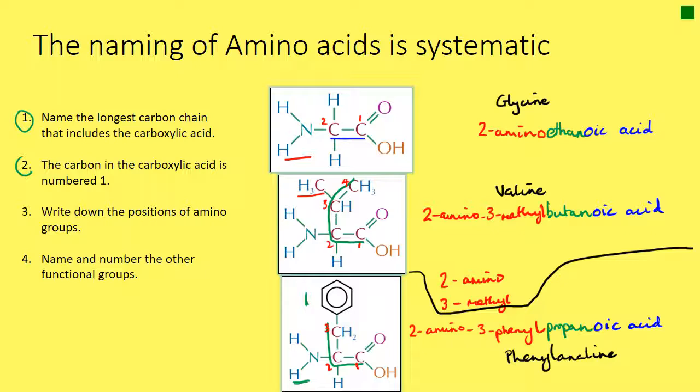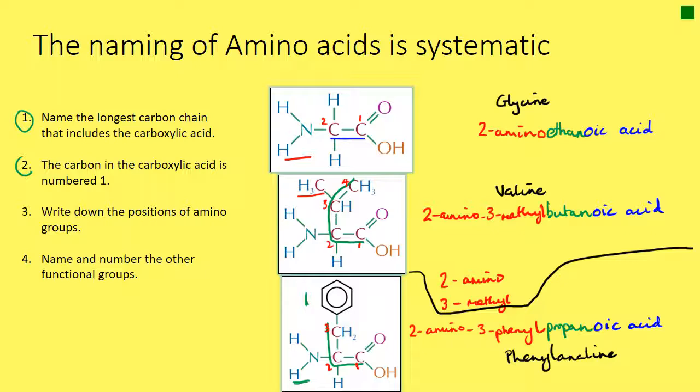The amino group here is attached to carbon number 2. So we call it 2-amino ethanoic acid. 2-amino ethanoic acid is the name of this particular amino acid. And if you were interested, it has a common name as well, glycine.